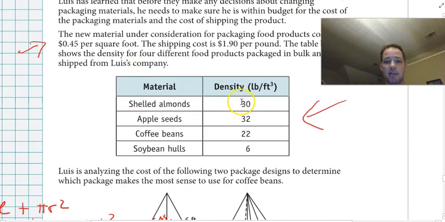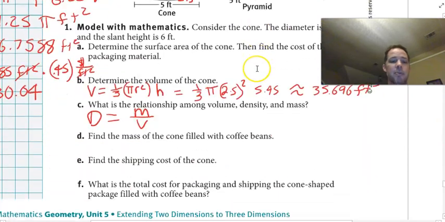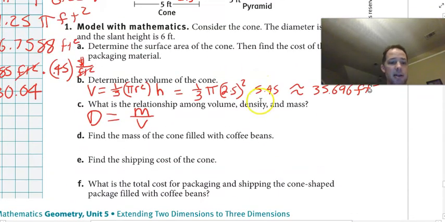So density is equal to mass in pounds divided by volume in whatever units you're going to use. The mass could be kilograms, could be pounds, and the volume could be in cubic feet, cubic centimeters, cubic yards, whatever. But the units tell you what the density is based on those units. So it helps you remember that density is mass divided by volume.